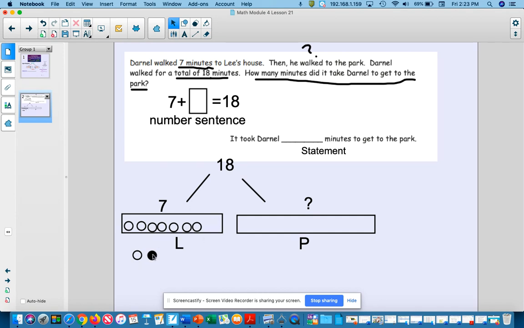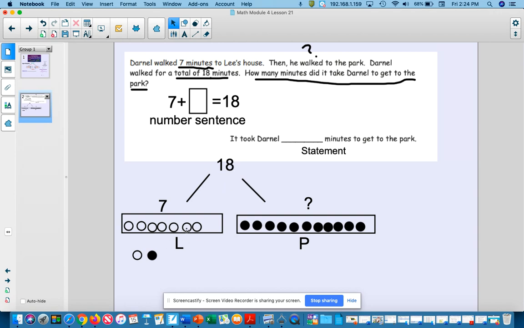Now we're going to count on what comes after 7. 8, 9, 10, and we're going to keep counting until we get to our total. 11, 12, 13, 14, 15, 16, 17, 18. So now we've stopped at 18 because, as I said, that is our whole.